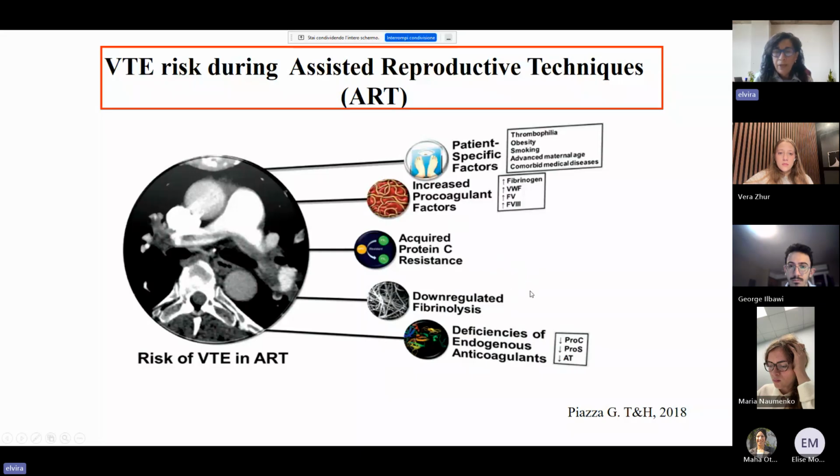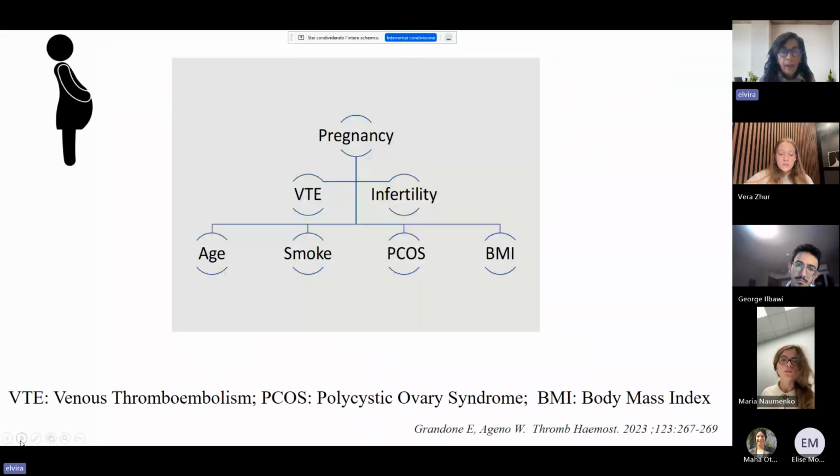Furthermore, we have a sort of inefficacious fibrinolysis, and so the increased risk is due to treatment that we use, especially, as I said, treatment with gonadotropins, and personal risk factors as those listed in the slide.